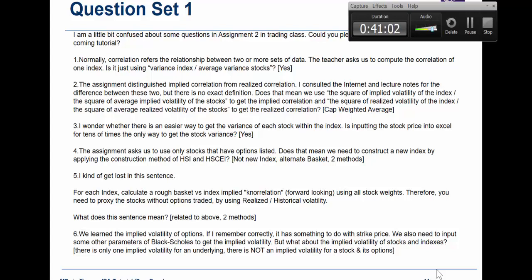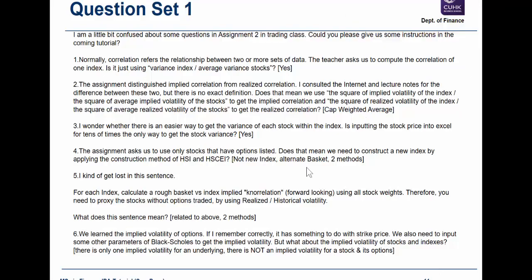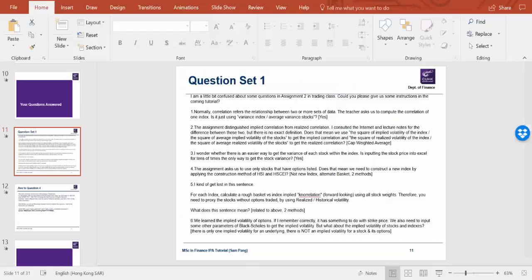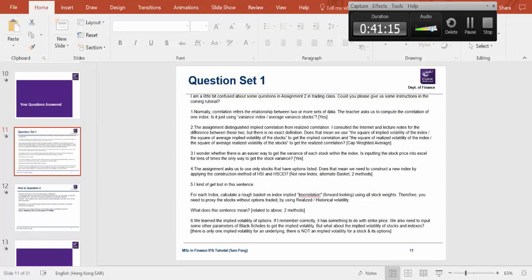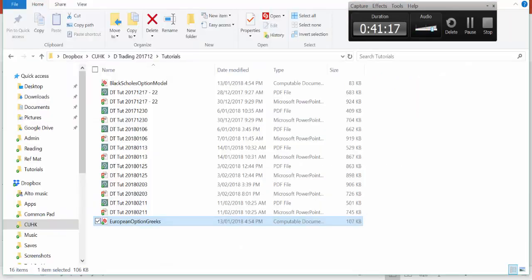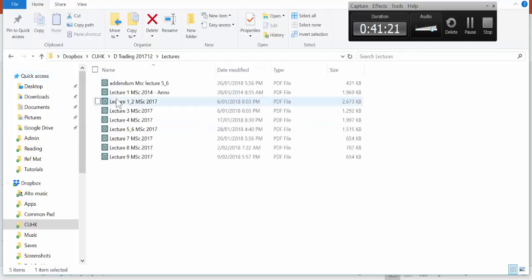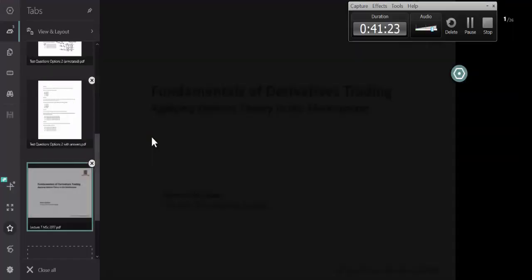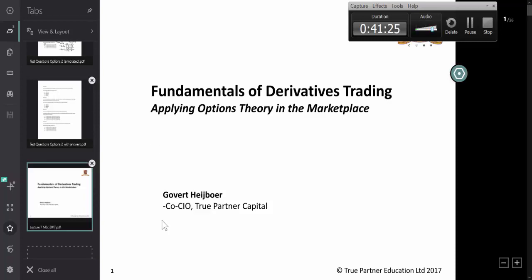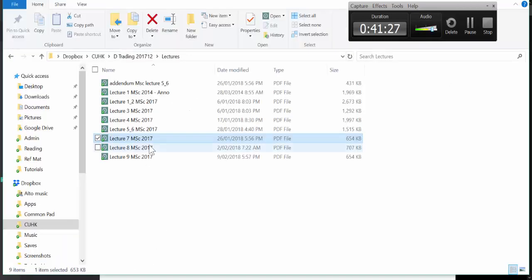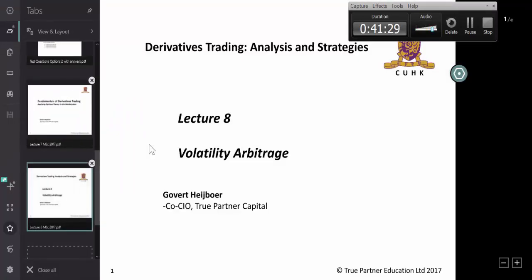And then when we come back, it should be quite clear to you what you actually need to do. So I'm going to pause this. Maybe I will just very quickly go back to Govert's notes and make a reference to them. Not this one, it's the set on volatility arbitrage.